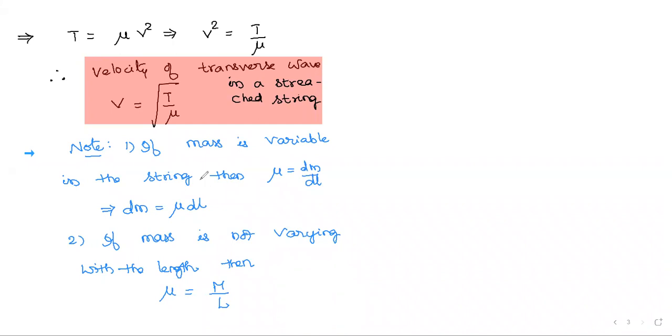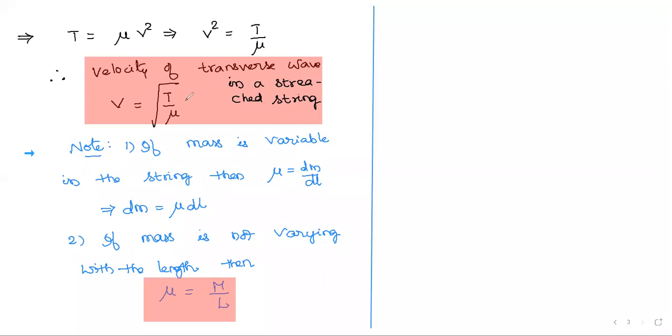Now you understood both the points? Any doubt here? Velocity of transverse wave, from the linear mass density. Once again, I am repeating, it is the velocity of only transverse wave, that too only in a stretched string.